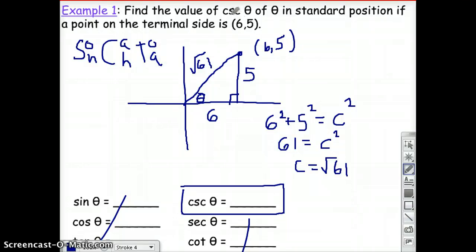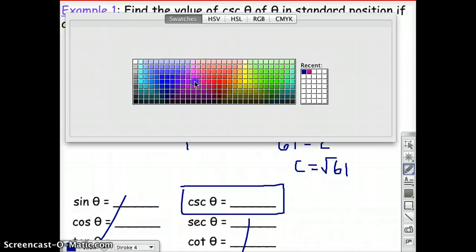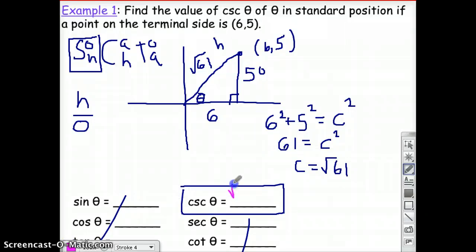I know that cosecant is the reciprocal of sine. So if sine is opposite over hypotenuse, I know that cosecant's got to be hypotenuse over opposite. So the cosecant of theta is going to be the hypotenuse over the opposite, or root 61 over 5. And that's my answer.